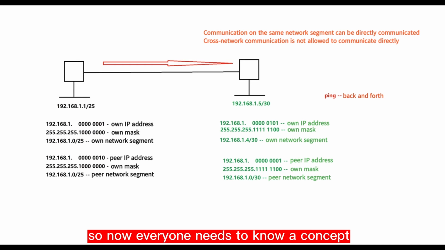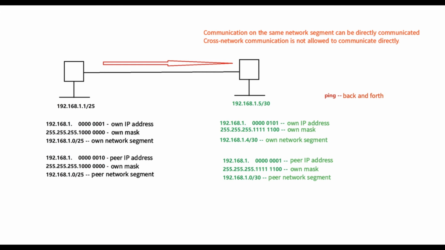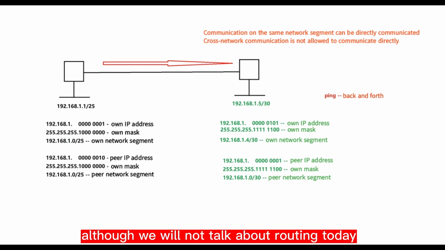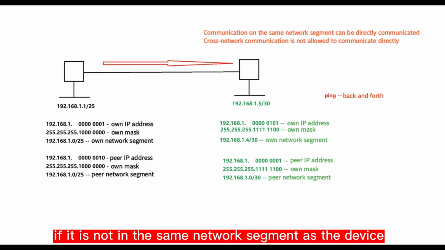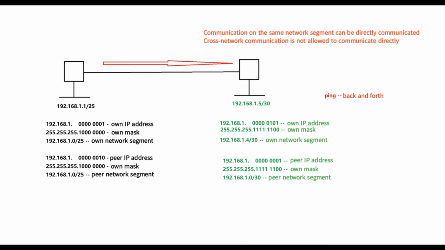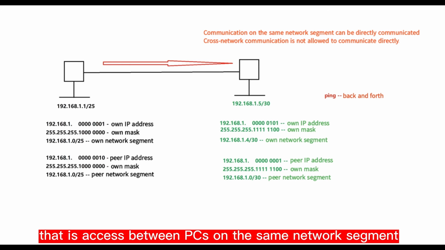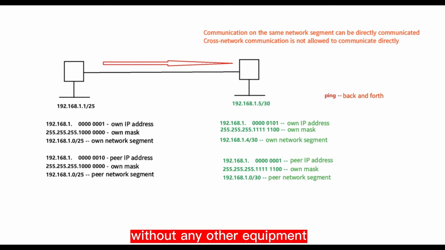So now everyone needs to know a concept. We'll talk about routing in the next lesson. Although we will not talk about routing today, you also need to know it, because this thing can't be separated. For a PC, if it wants to access a device that is not in the same network segment as it, it needs to be routed. That is, PCs on the same network segment can communicate directly without any other equipment.